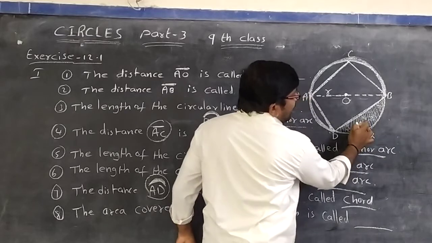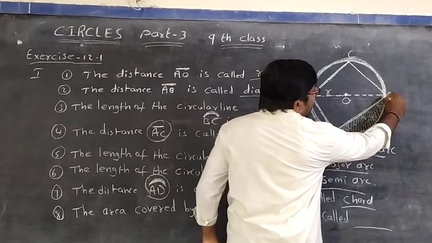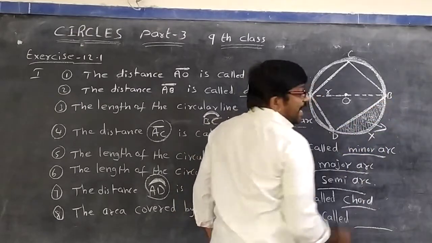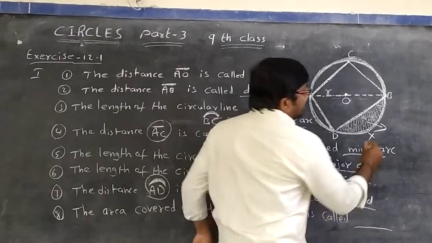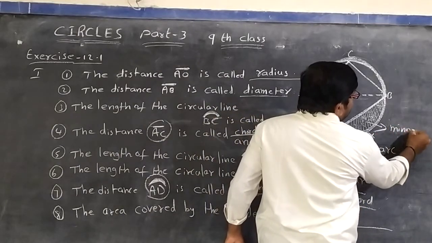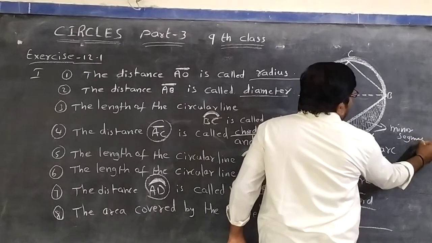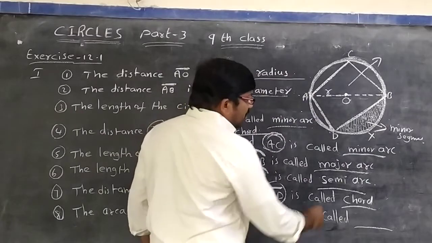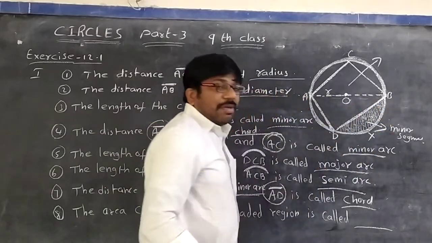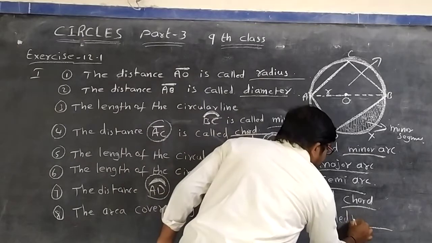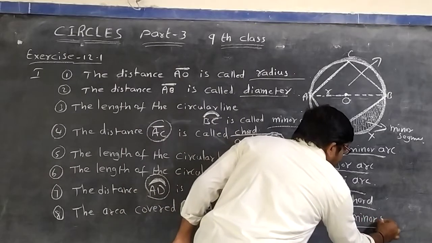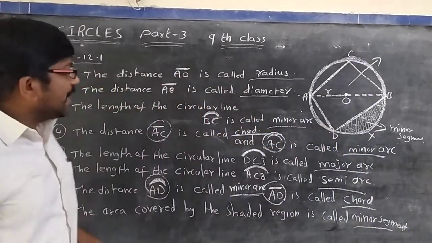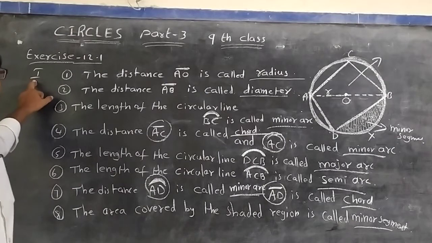The shaded region is enclosed by a minor arc and a chord, so it is called a minor segment. What about the remaining part? It is called a major segment. So the shaded region is known as a minor segment. These are the bits in the first Roman numeral.